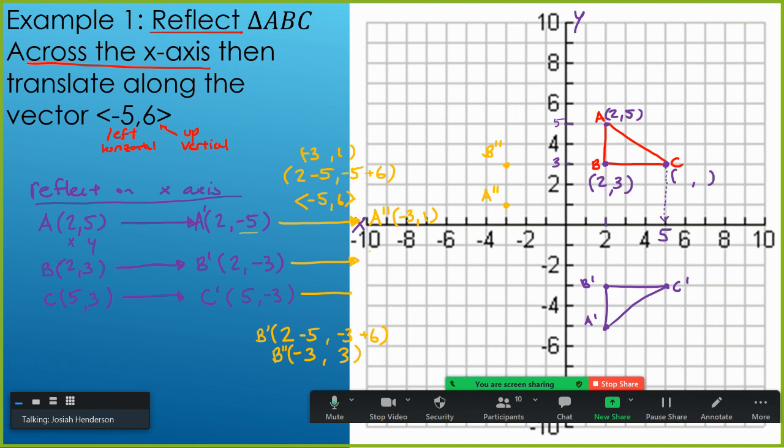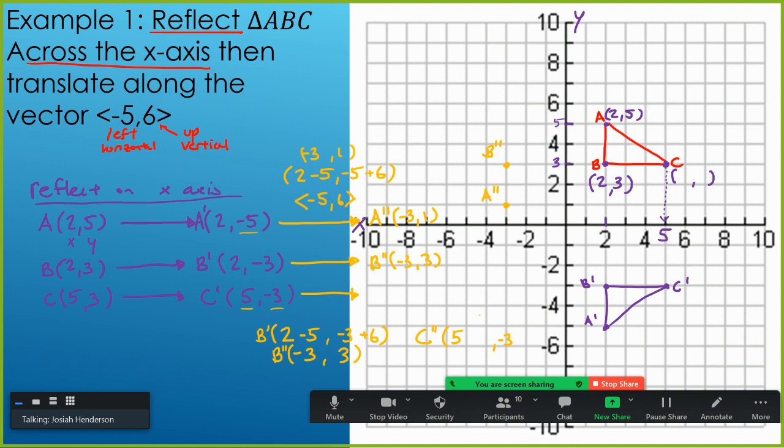And if we do the same thing with C, for the C work, I'm going to do that in the middle here. So C double prime will be its original x and y. So that's 5 and -3.